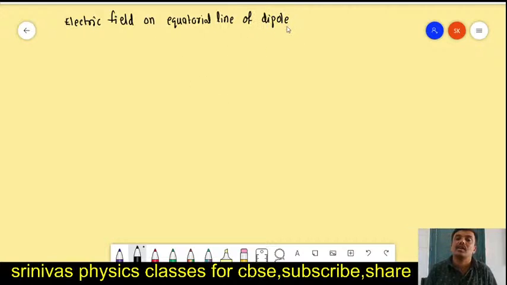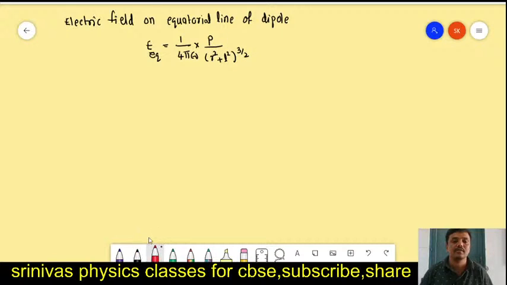What are you getting? Electric field on the equatorial line of dipole, that is E on the equatorial line, E suffix EQ we write. The formula we got is 1 by 4 pi epsilon naught into p by R square plus L square whole power 3 by 2. This is the formula that we derived here, right?